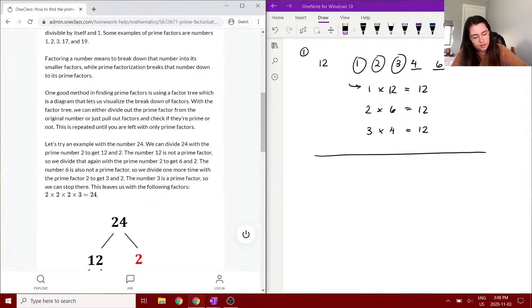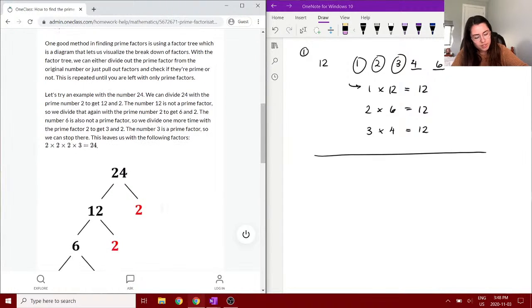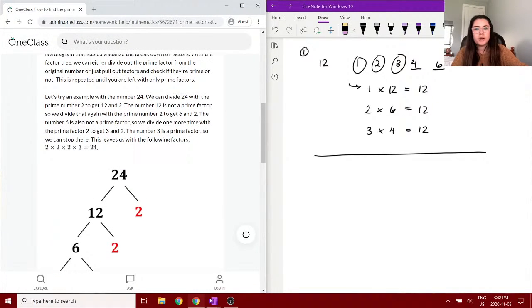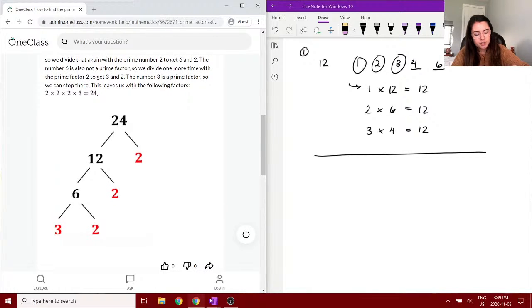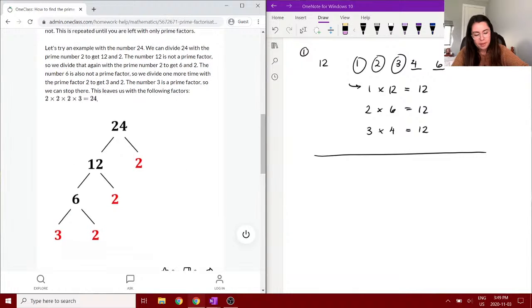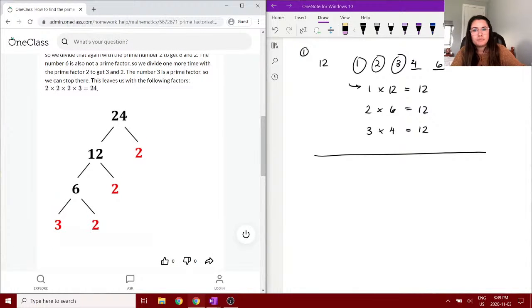In the example here, it shows that a good way to find the prime factors is by breaking the number down in this tree format, okay? So I'll just write this out. The way that we can find the prime factors of 24 is by breaking it down into its factors.